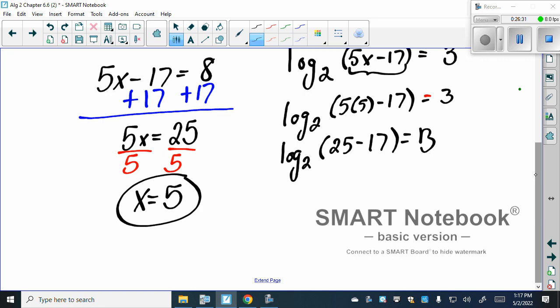And 25 minus 17 is 8. So this here is more of what we're focused on. What's left over? The 8 when we plugged 5 back in for x. Since the 8 is not 0 or negative, it means that 5 does work. 5 is a solution.